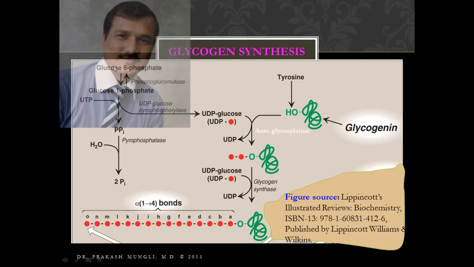Once glucose 6-phosphate is converted to glucose 1-phosphate by phosphoglucomutase, glucose 1-phosphate is converted to UDP glucose, and this job is done by UDP glucose pyrophosphorylase enzyme. In this process, UTP gets into the reaction and is released as inorganic pyrophosphate, and UDP is attached to glucose, and that is the UDP glucose here.